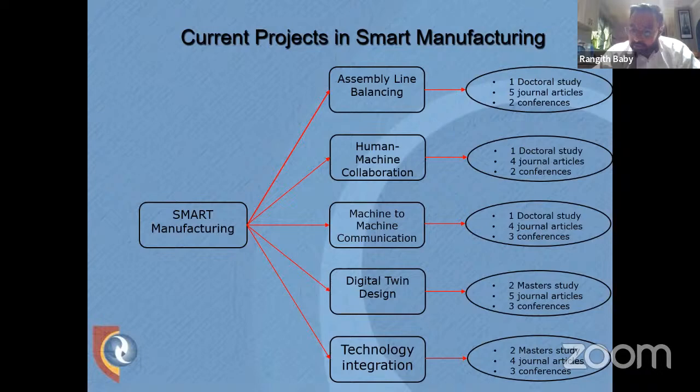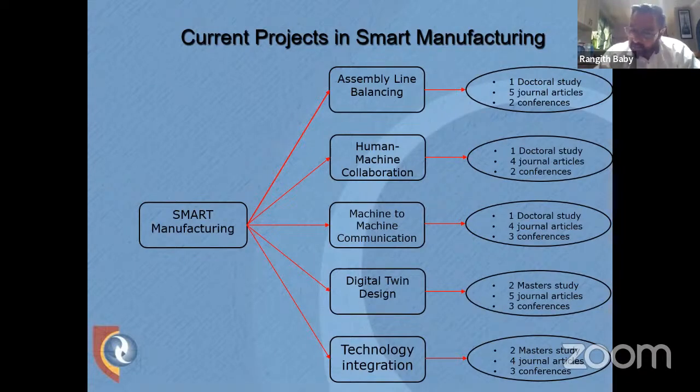Then we go on to digital twin design, where I have 2 of my colleagues as well, Mr. Mokalusi and Ms. Lemfani, who are both presenting later today. They were involved in the digital twin design. In fact, Ms. Lemfani was involved in the digital twin design, but from a smart farming aspect.